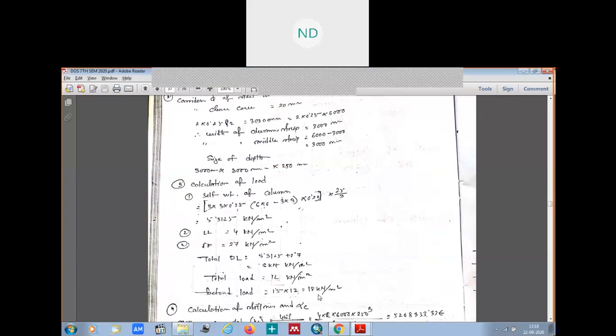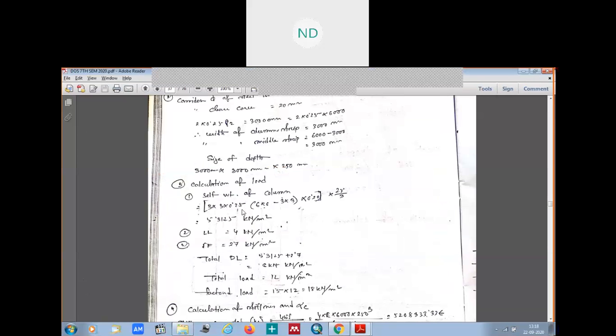load, see here we will have the self weight of the drop, 3 into 3, 3000 into 3000 into 0.25, which is the 250, the thickness of the overall drop from the top.